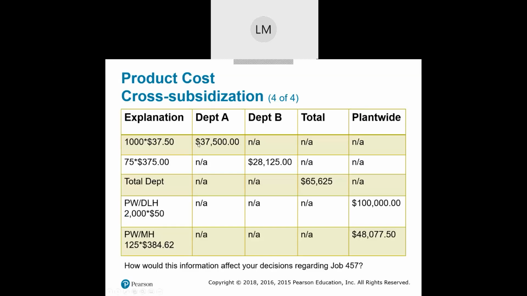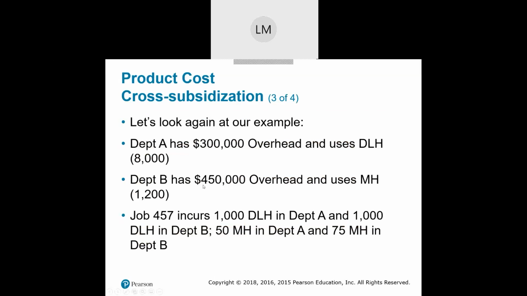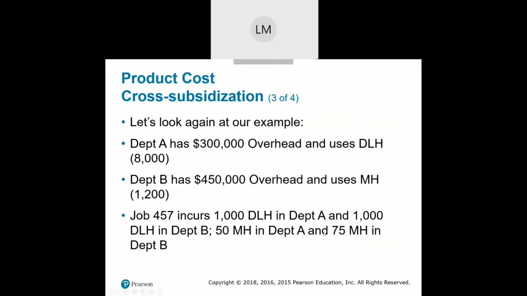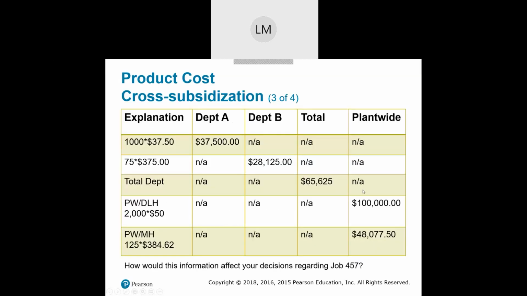Department A is going to allocate on job 457 1,000 labor hours times $37.50, $37,500 worth of overhead. And based on machine hours that we incur, which is our allocation base in Department B, we use 75 machine hours in that job, and the overhead cost rate we calculated before was $375.